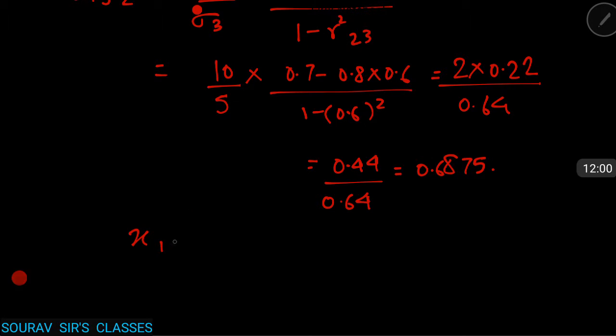Substituting the values, we get x1 is equal to 0.742 x2 plus 0.6875 x3.